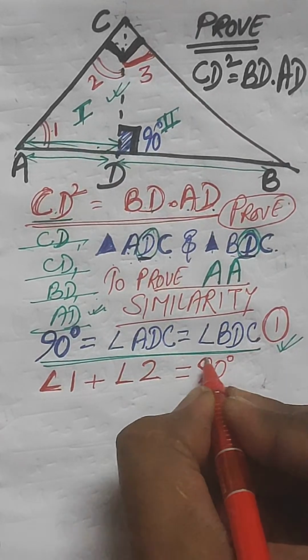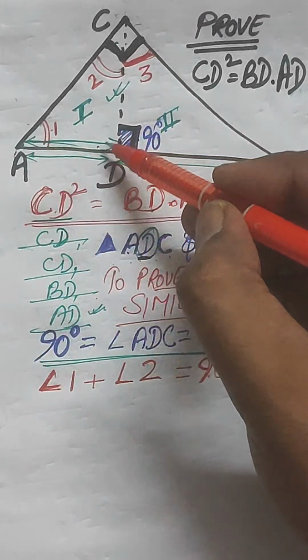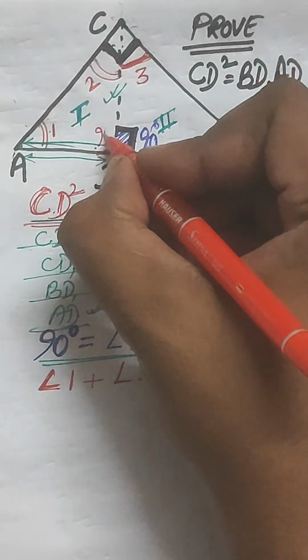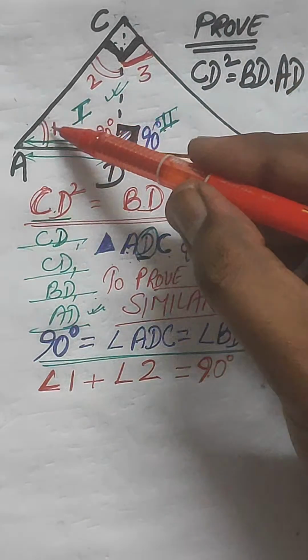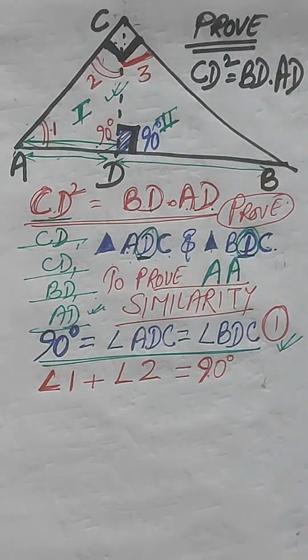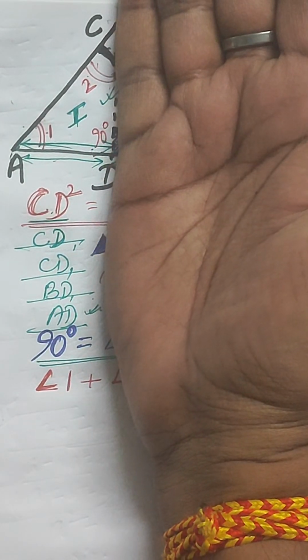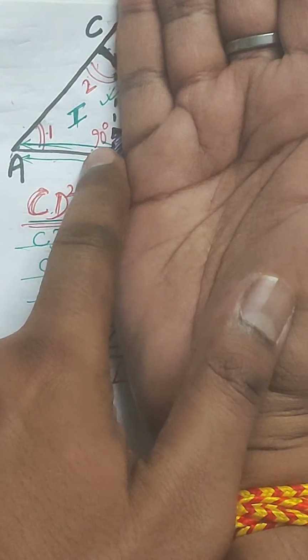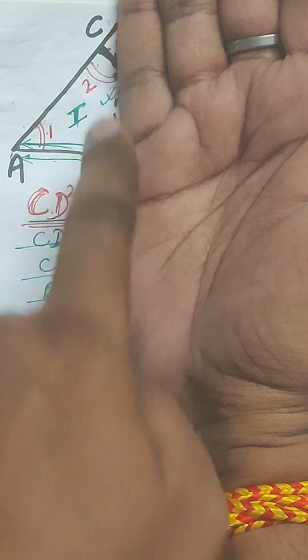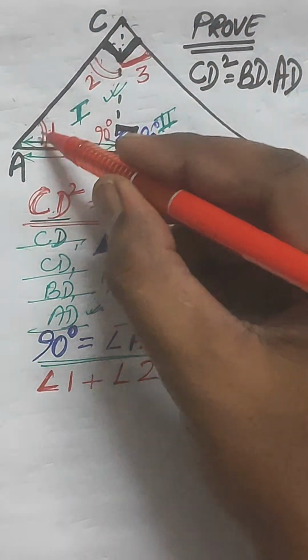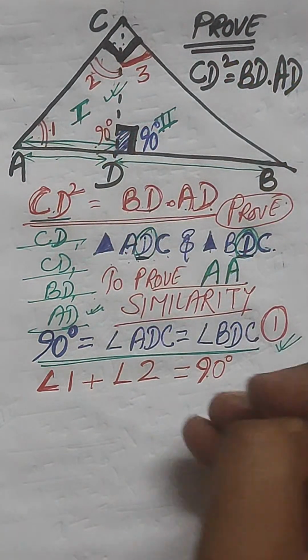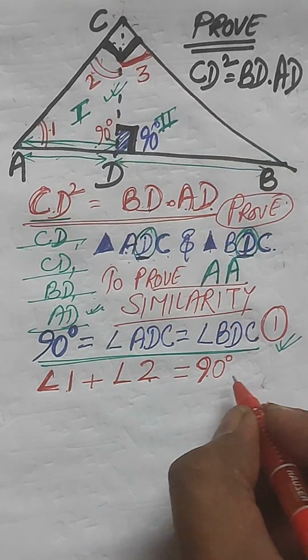Can we say that? Because one of the angles is already 90 degree, and the sum of all angles of any triangle is 180 degree. So if we are having this 90 degree with us, then the sum of angle 1 plus 2 is 90 degree.